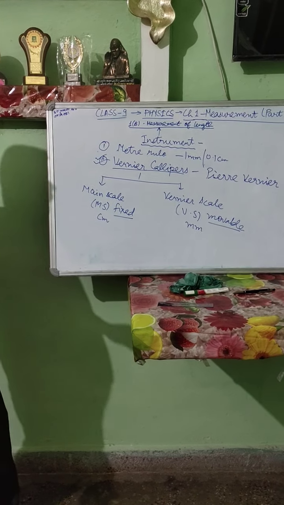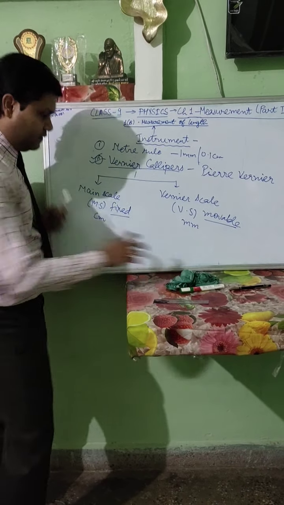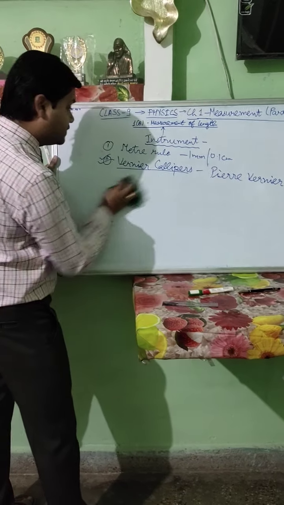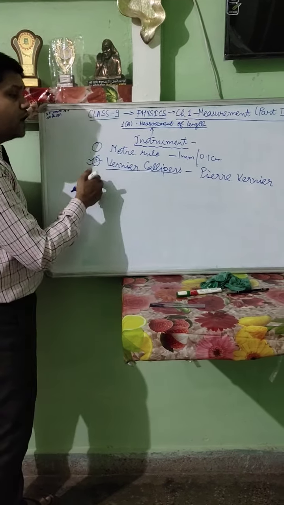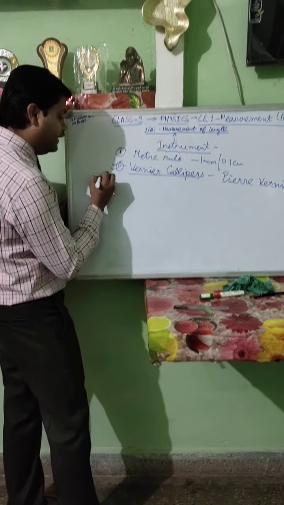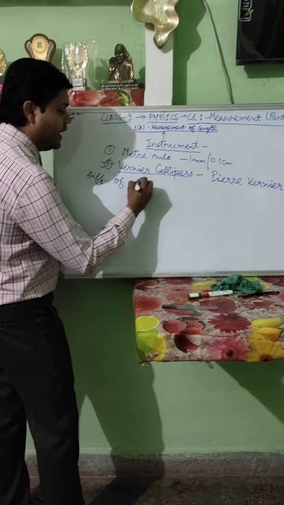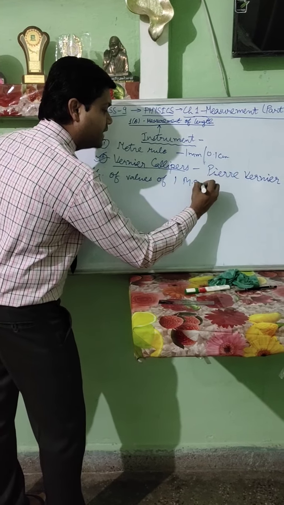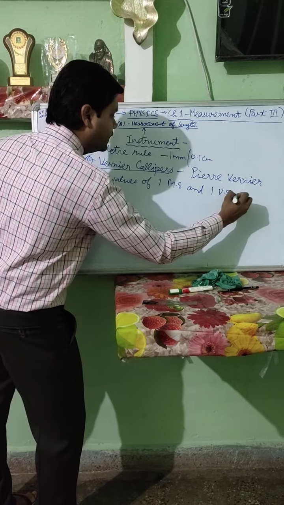So now we will be discussing the least count of vernier calipers. So what is least count? Least count of vernier calipers is equal to the difference of values of one main scale division and one vernier scale division.